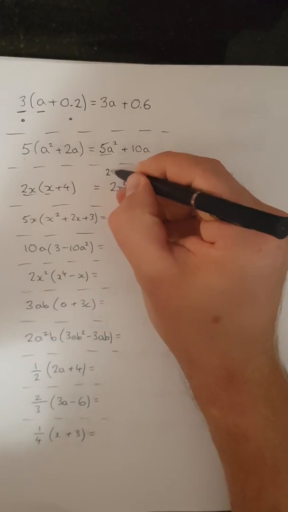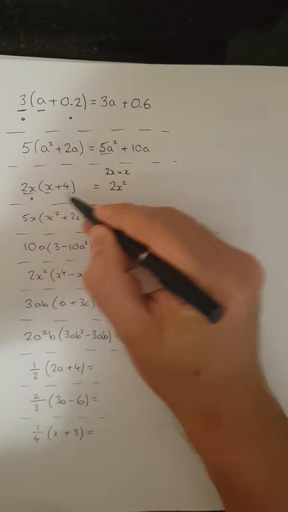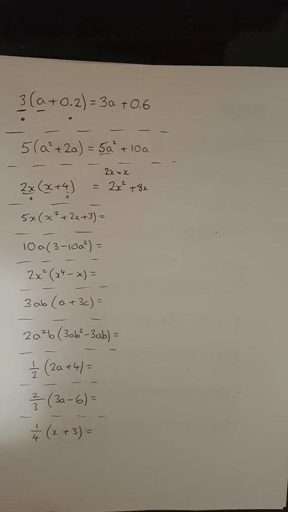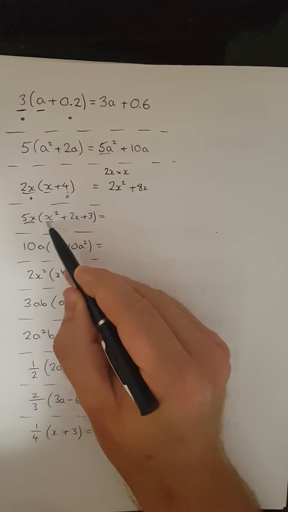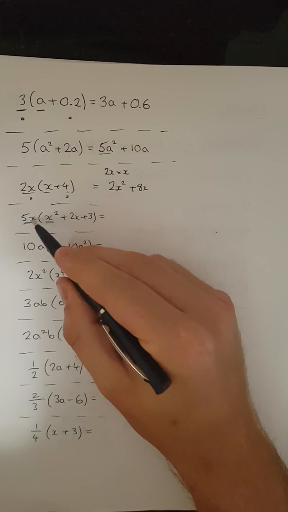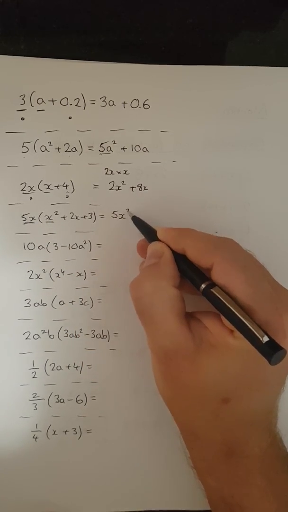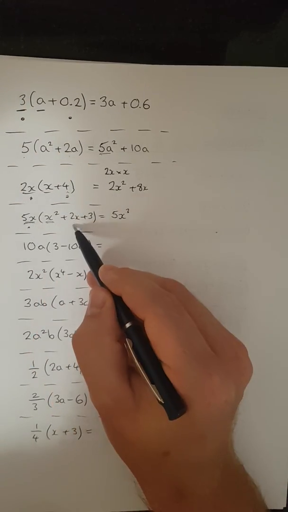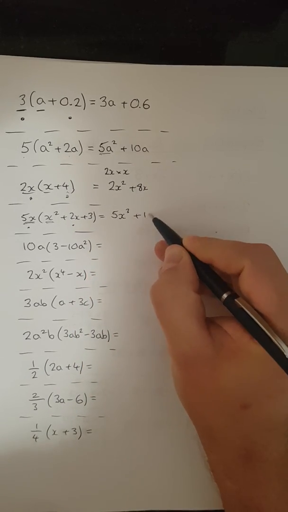And remember, this term is that multiplied by that. 2x times 4 is 8x. 5x times x squared, well, x times x squared is x cubed, so it's 5x cubed. 5x times 2x. 5 times 2 is 10.